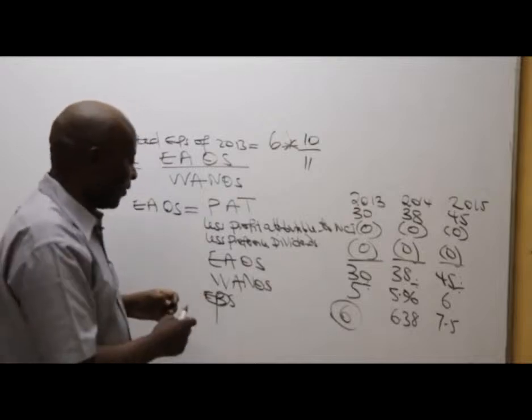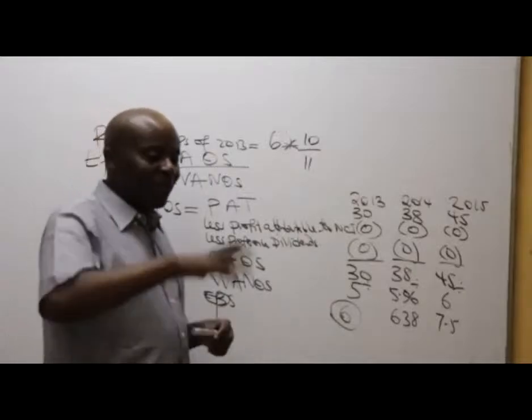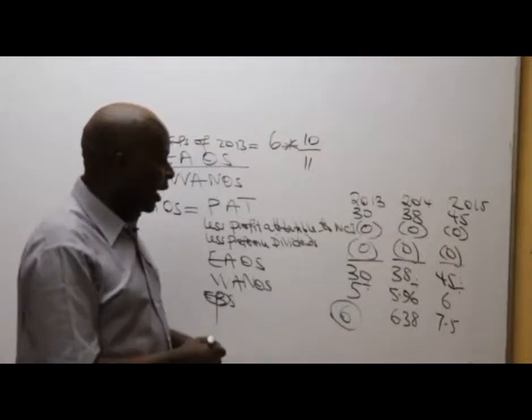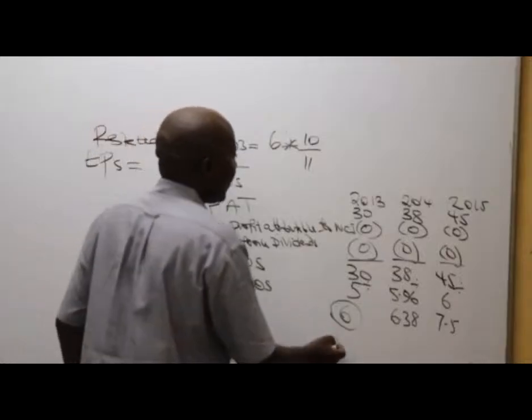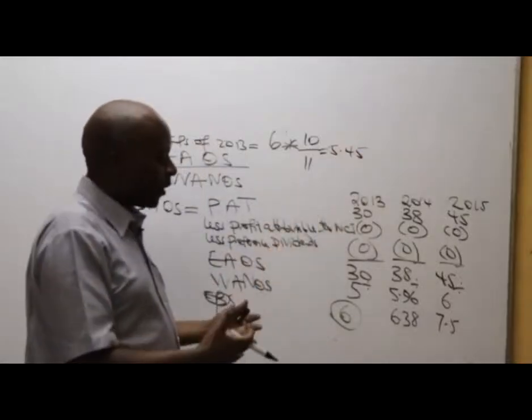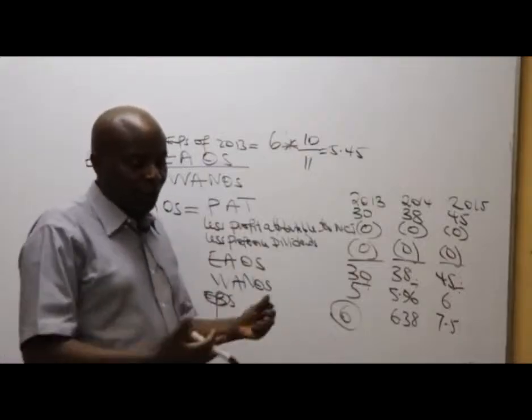So the comparative, the restated EPS. Remember the bonus fraction was 11/10. Now here we have to do the opposite. So it's 5.45. The restated here becomes 5.45, which confirms that there is a very high growth rate.